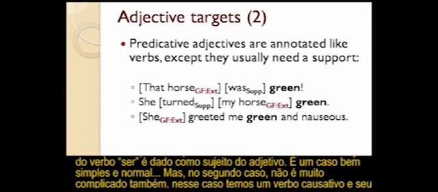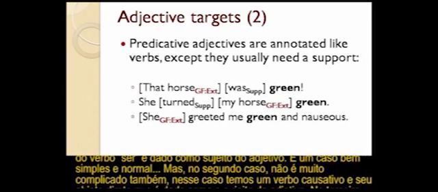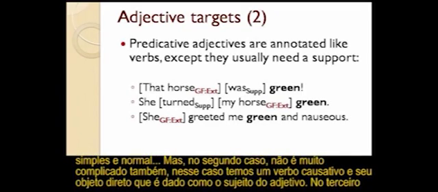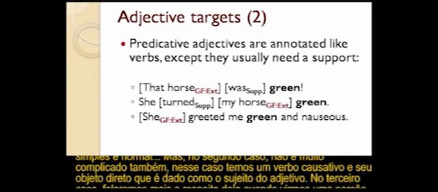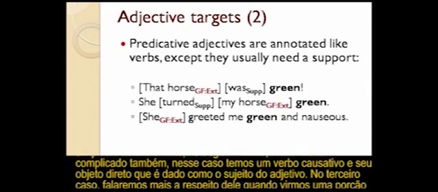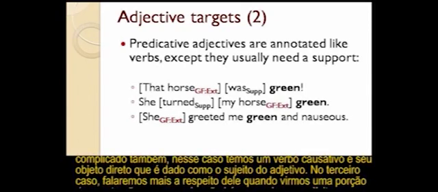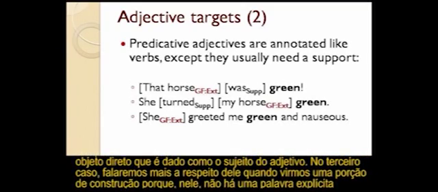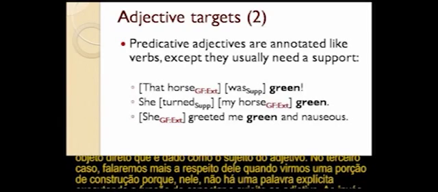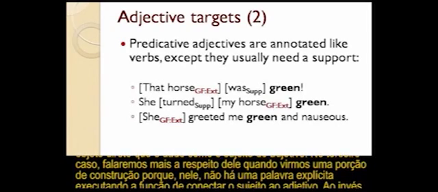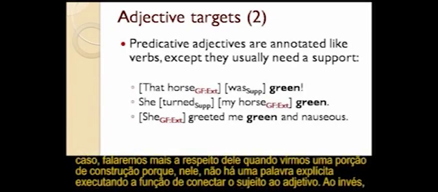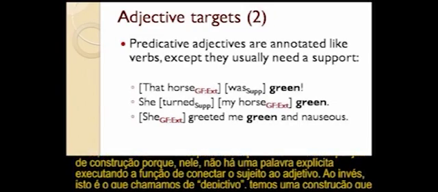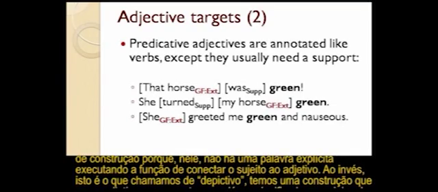In this case, you have a causative verb, and its direct object is provided as a subject of the adjective. The third case we'll talk about more when we hit the constructicon portion. Because in the third case, there's no explicit word that is doing the job of connecting up the subject with the adjective.